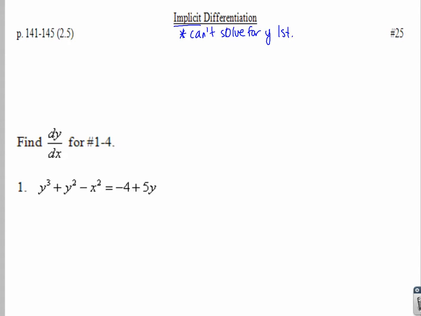Here's the steps we go through. First, we're going to take the derivative with respect to x, like it says, of both sides of the equation. We want the derivative with respect to x of y, so if y is in here, then we need to take the derivative with respect to x of this, but that means also this, and the other side of the equation.